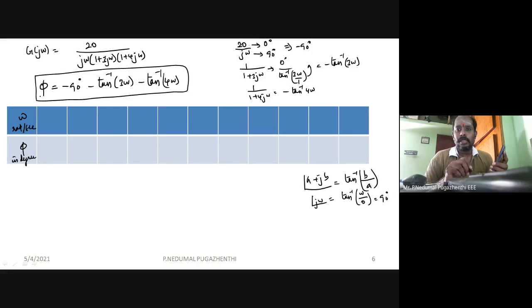Take your calculators, type minus 90 minus tan inverse of, open a bracket, press 3, then the alpha button near your shift, the pink color one.